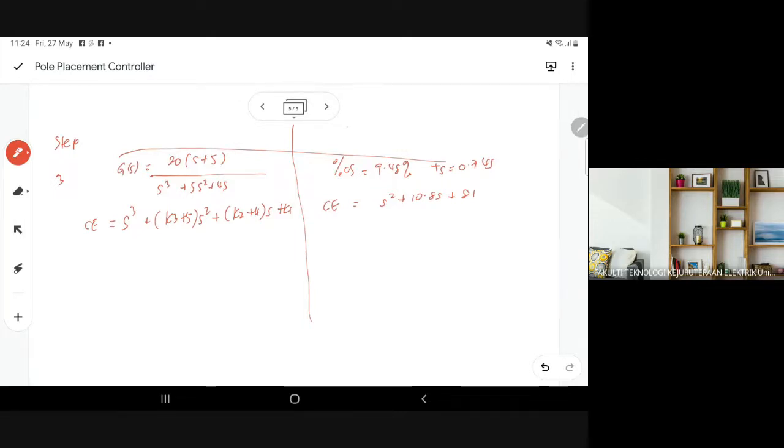In this case, we need to compare these two. According to step number three, we need to compare the characteristic equation of the uncompensated system with the compensated system. So I want to ask you, can these two characteristic equations be compared or not?